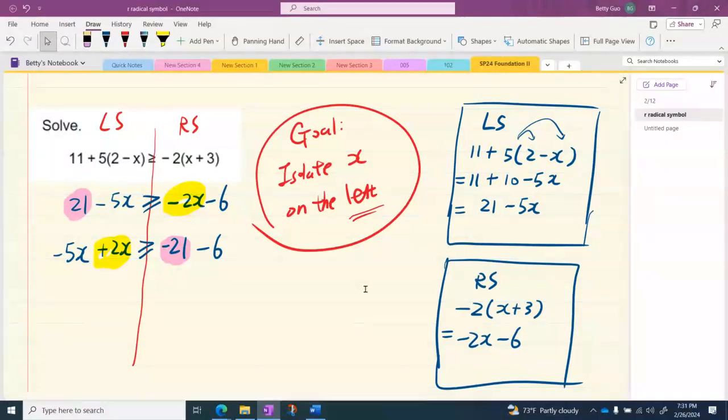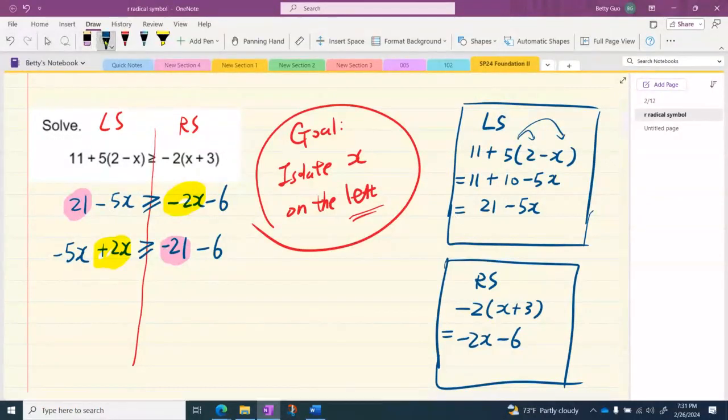We have 4 of them. And the negative 6 doesn't change on the right, so we keep the negative 6 on the right. What has changed is this yellow term, negative 2x. We moved it over, so negative becomes positive. Also changed is this pink term, the constant term, 21. It was positive, now it is negative on the right.